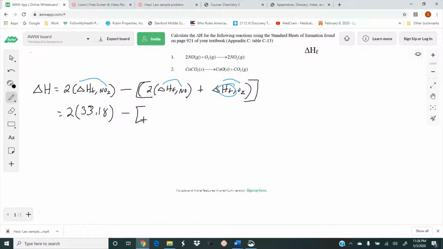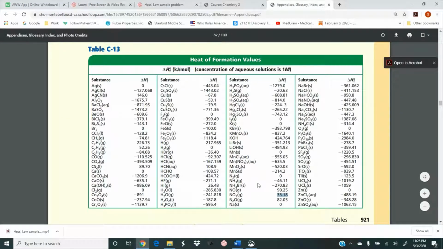Minus. Now we need the heat of formation of NO. You'll notice these are pretty much alphabetically arranged, so NO is right next to NO2 in the third column near the bottom.